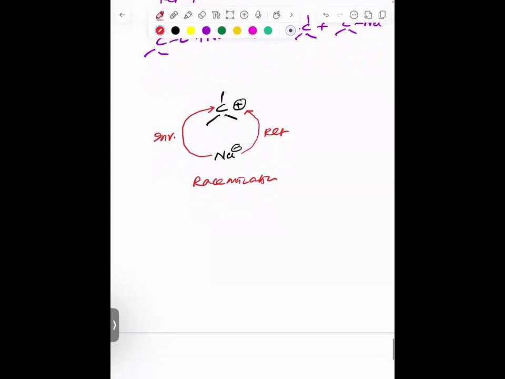It is racemization plus inversion. Okay, clear?